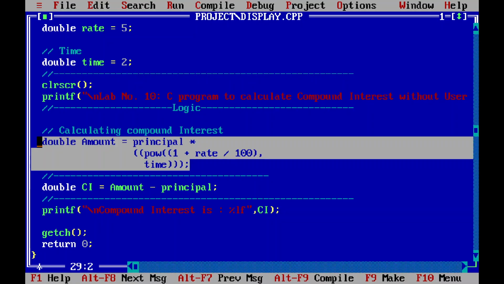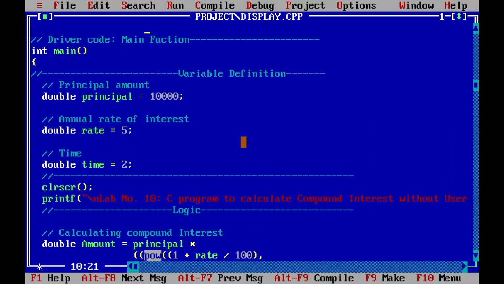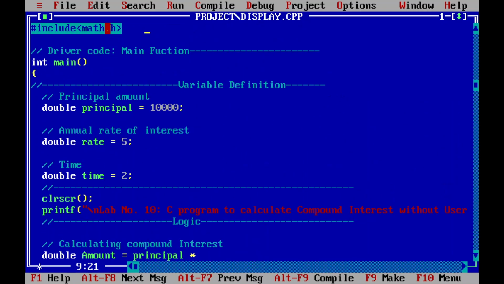So it is principal into (1 plus rate upon 100) to the power time. We cannot write it directly, that's why we have used the power function, which is held by the math.h header file. So that's great.